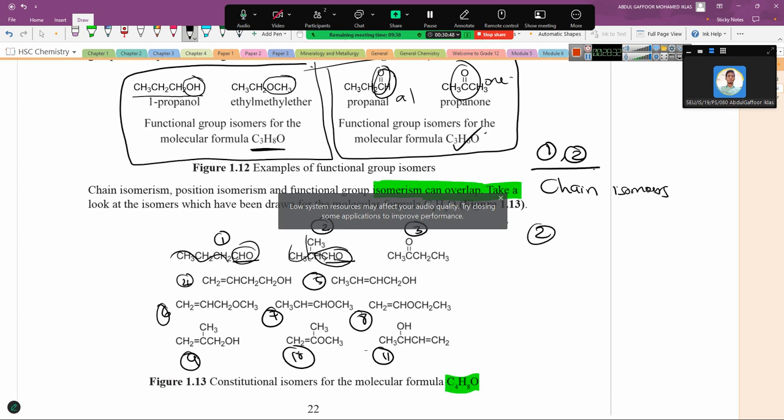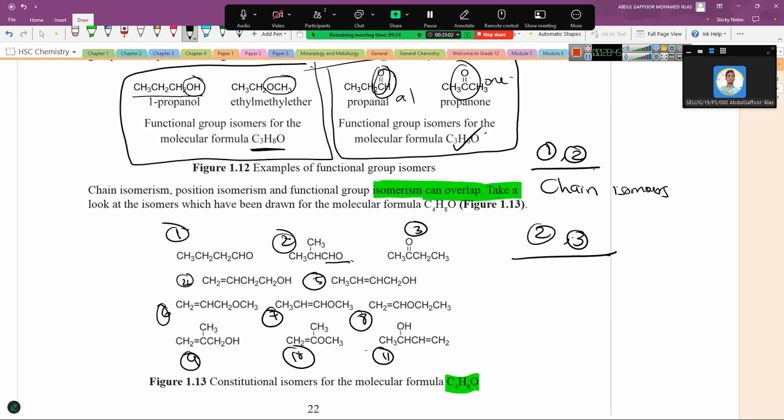And between the second one and third one, they have different functional groups. So it is going to be a functional group isomer. And what about the carbon chain? Here 1, 2, 3, and here 1, 2, 3, 4.